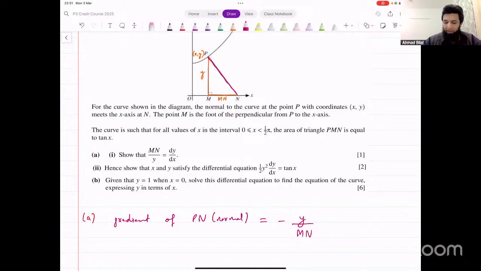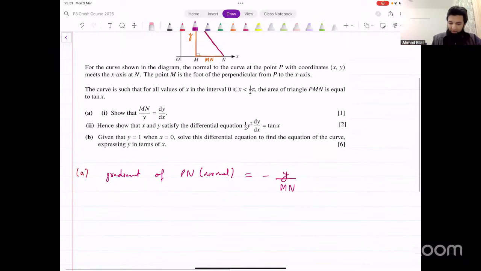That's the gradient of this line. This line is a negative gradient line. Change in y is y, change in x is MN. So y over MN, but we put a negative sign with that because it's a negative sloping line.